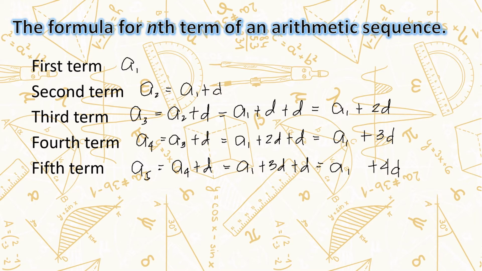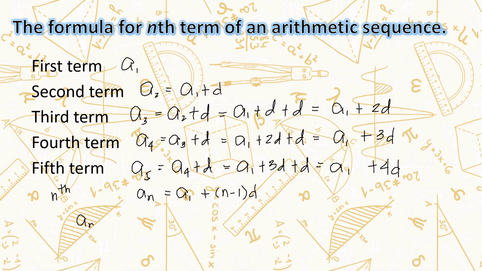Notice that there is a pattern to get the nth term of the arithmetic sequence. In terms of a sub 1, that will be a sub 1 plus 1 less than the number of terms times d. So if we're going to get the nth term, we'll just have a sub n equal to a sub 1 plus n minus 1 times d.